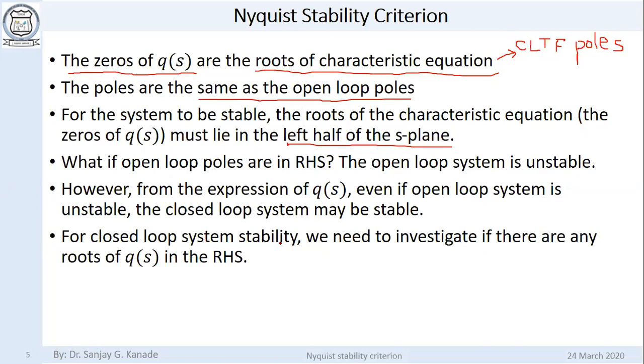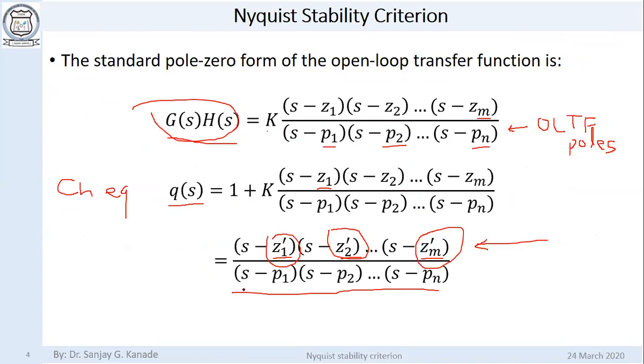Okay. Now again take a look at this equation Q(S). This P1, P2, Pn, these are the poles of Q(S), right? These are also poles of G(S)H(S), right? So if some of these lie on the right hand side, what will happen?